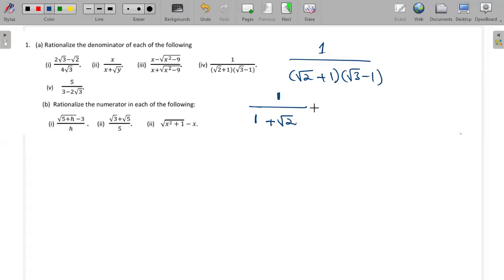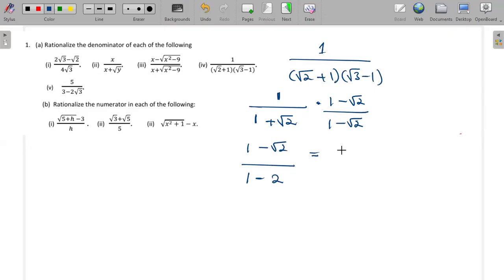So you rationalize this by multiplying by the conjugate, which is just going to be multiplied by 1 minus the root of 2 over 1 minus the square root of 2. So on top, you're just going to have 1 minus the square root of 2. Then down there, you're going to have 1 squared is just 1. Then minus, here you square out the root. By now, you know that you just remain with 2.